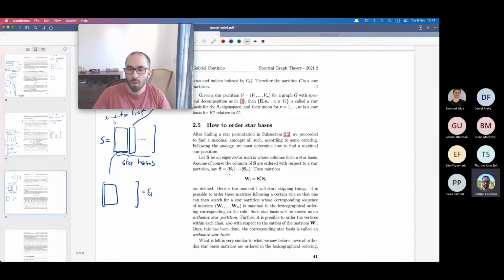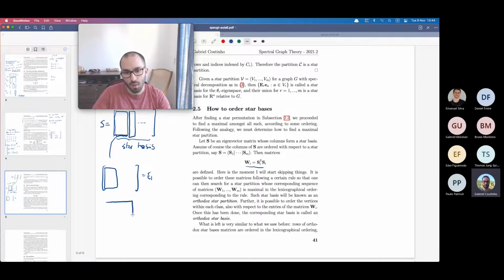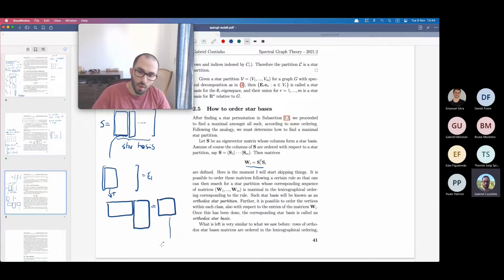One now looks at these matrices Wi, which are taken from these blocks by performing this. So I take this block here, transpose, I multiply by itself, and I get a small square matrix here. This is called the Gram matrix of this set of vectors.